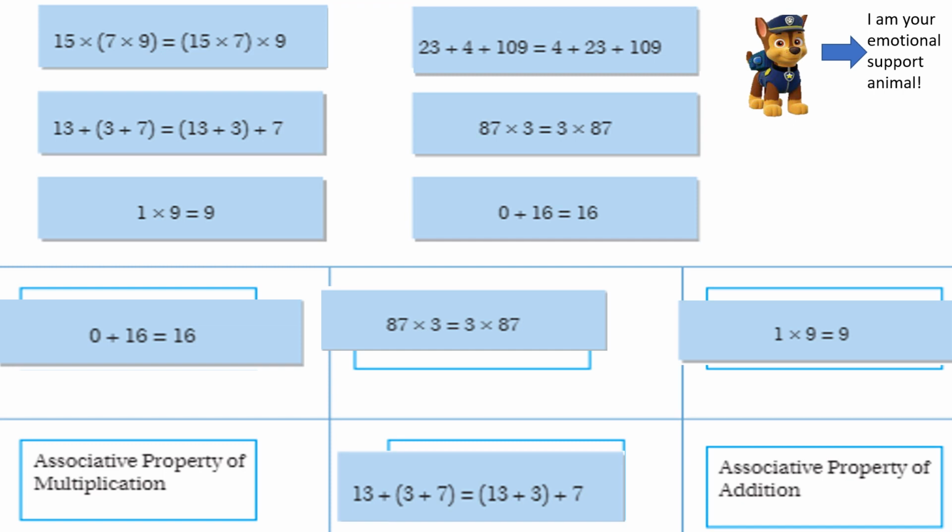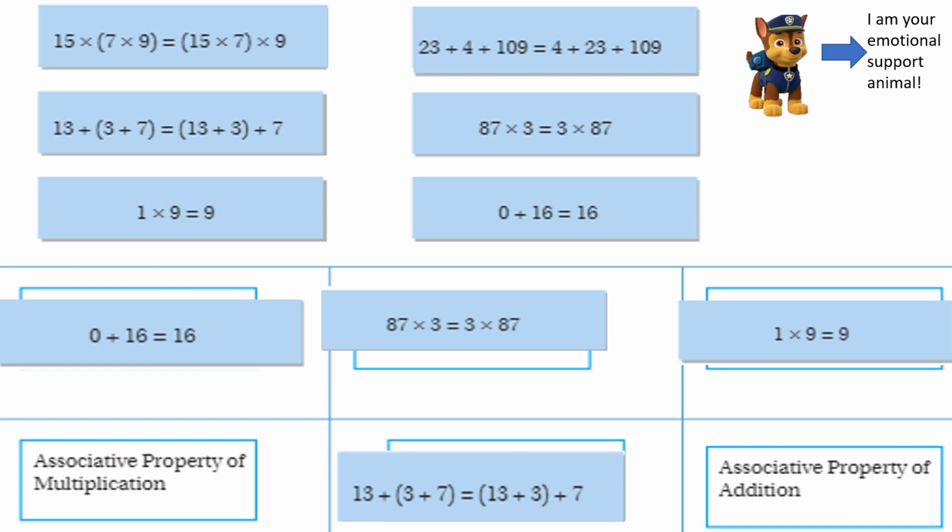So, like, let's say 2 times 5 times 10. If we put parentheses around the 5 and the 10, you do 5 times 10, which is 50. But if we put parentheses around the 2 and the 5, that equals 10. And that doesn't change anything, it just changes the order you do it.